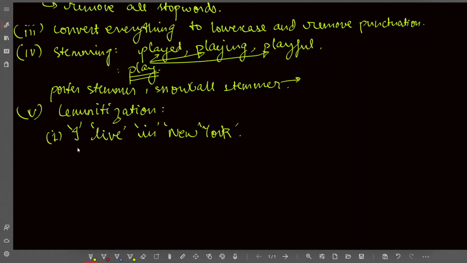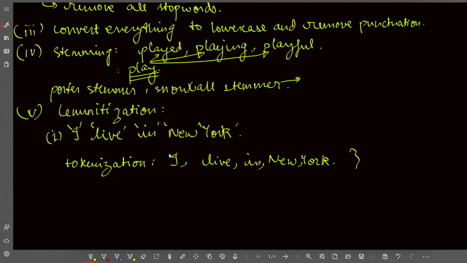Once you lemmatize this and then tokenize it, tokenization would give you four words and not five: I, live, in, and New York. Otherwise, if you don't lemmatize it, tokenization will give you two different words in your entire dictionary. But we don't want New York as separate words. We want it as one word, so we have to lemmatize it. So tokenization would give me all of these four words from my corpus.